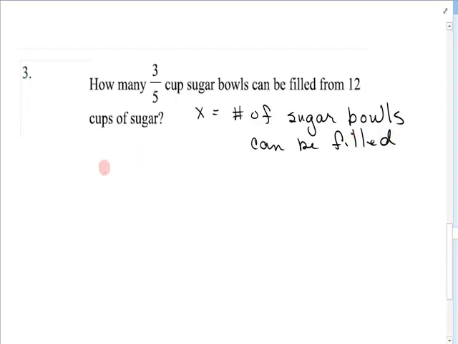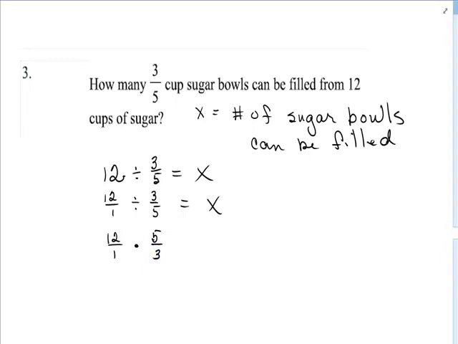So I have 12 cups of sugar, and I want to know how many 3/5 cups I can get out of that. That will equal my X. So it's 12 over 1 divided by 3/5. Keep, change, flip. See if we can reduce. 3 goes in there once, 3 goes in there 4 times.